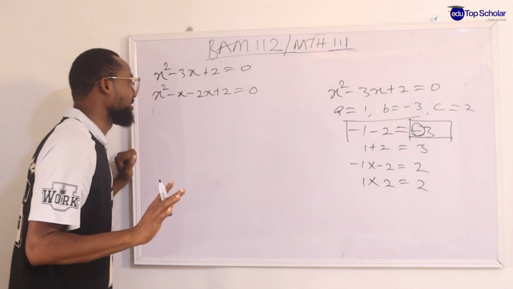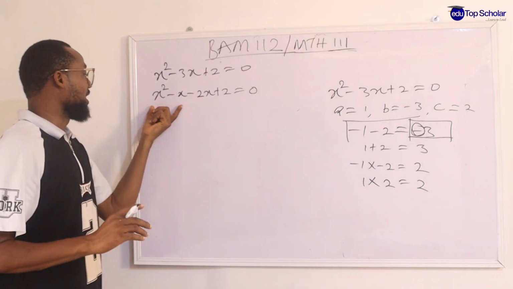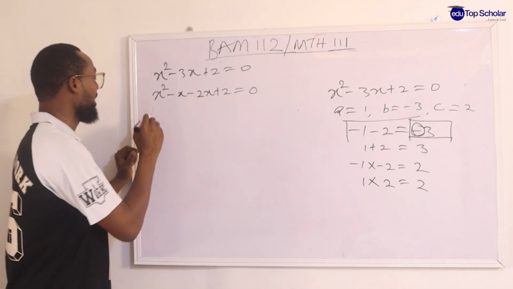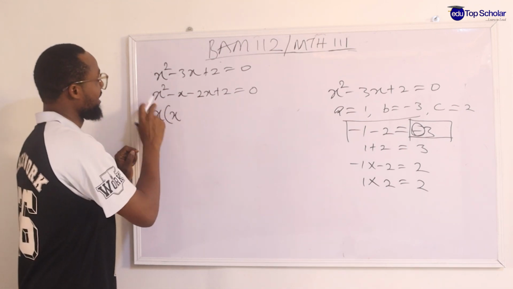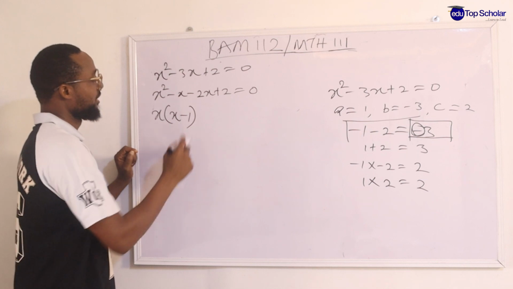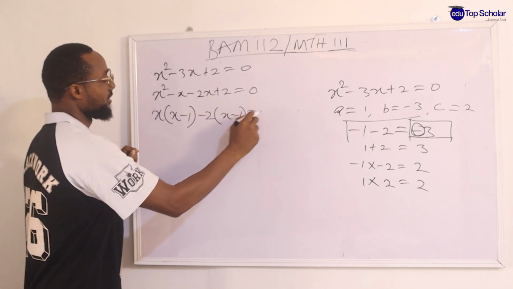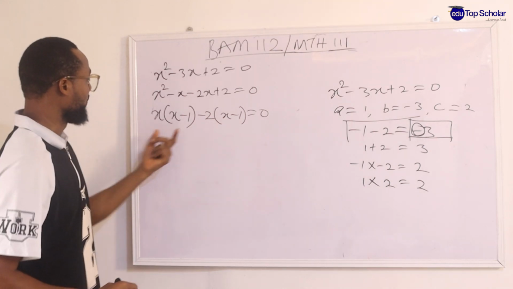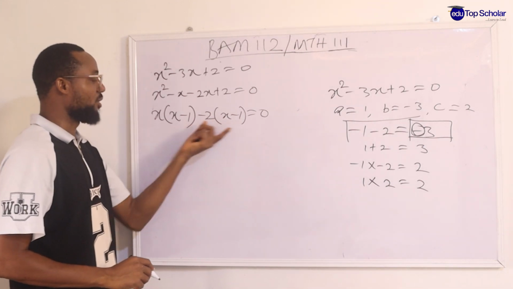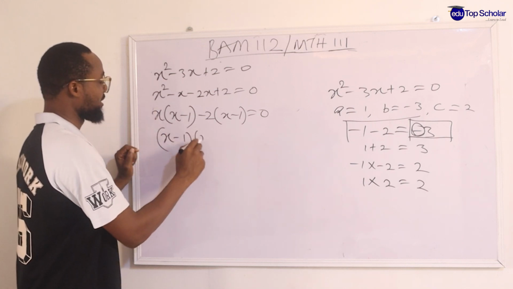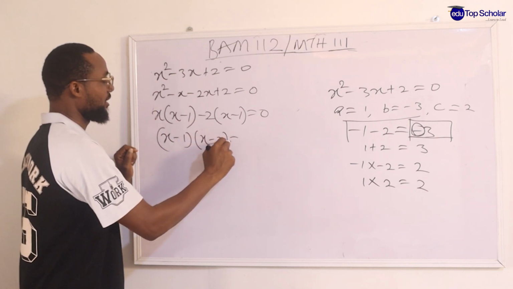The rest is just arithmetic now. From this, we can see that these terms look alike. We factor x out of these two and we have x left here, minus 1. If we factor 2 here, we have x minus 1, which will be equal to 0. We can see that x minus 1 is common. We also factor that x minus 1. We are left with x here and minus 2 here, equals 0.